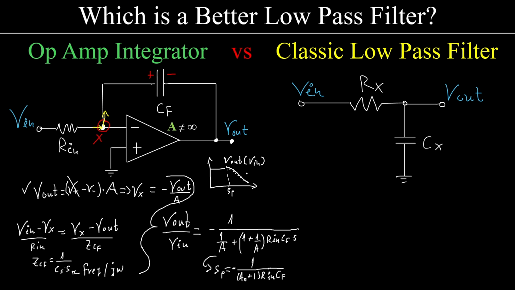Over here, by the way, is the integrating behavior that we expect to see. But previously, we have the low-pass filter behavior. Now, how much is this height? Well, I leave it again to you as an exercise. I will not show it here because it's not very important for what we need to show. Check out the op-amp integrator video I have on this channel later on if you want to see more details.